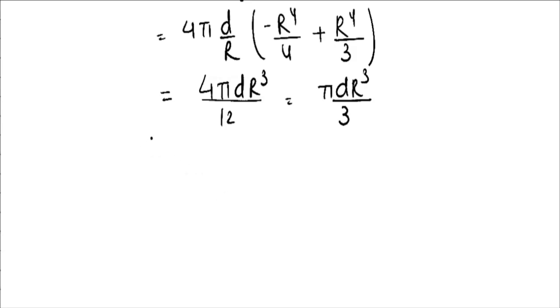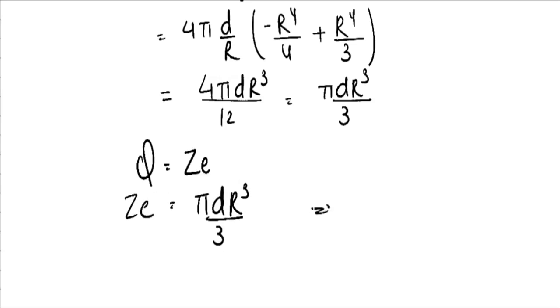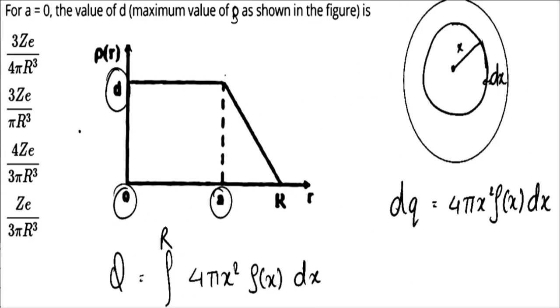Given that Q is equal to Ze, so Ze is equal to pi D R cube by 3, which implies that D is equal to 3Ze by pi R cube. So our answer would be 3Ze by pi R cube. That is option B. Thank you.